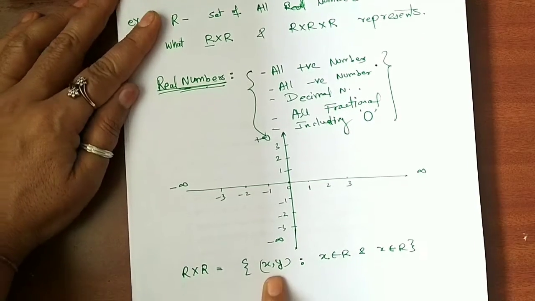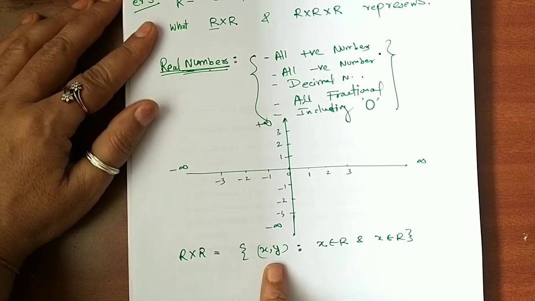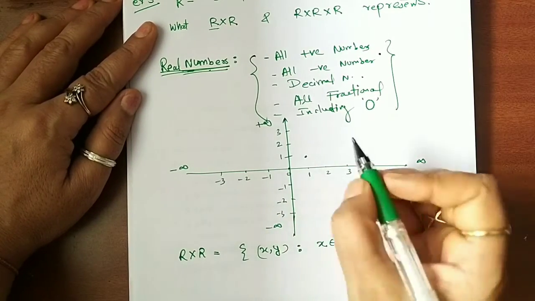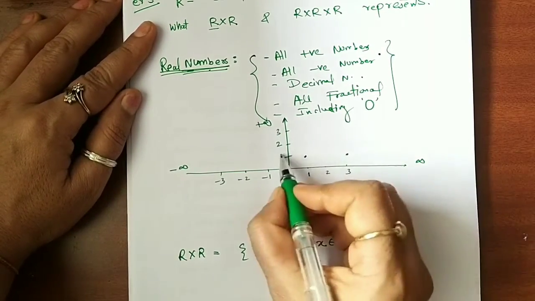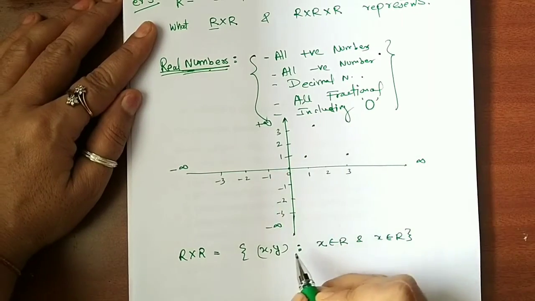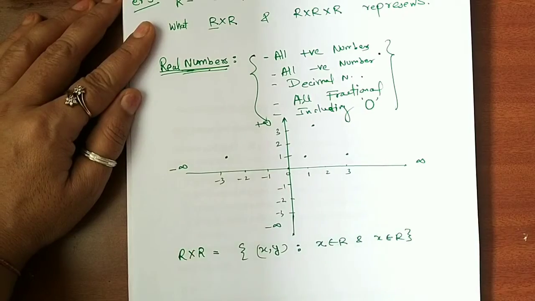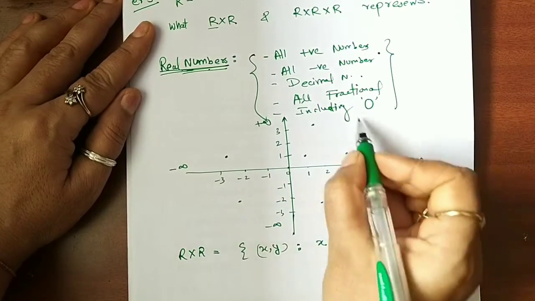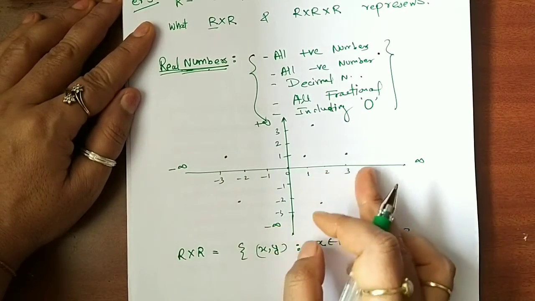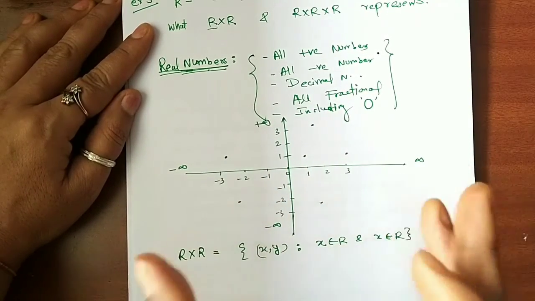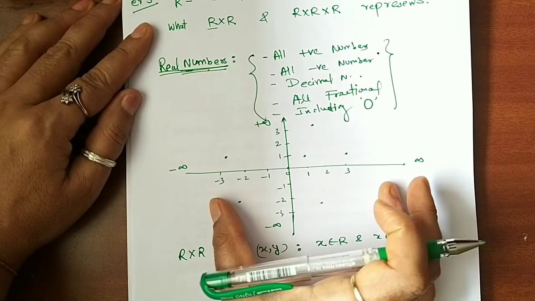So an ordered pair of real number with real number is nothing but maybe 1 comma 1, this point, maybe this point which is 3 comma 1, maybe here one point which is minus 2.8 comma 1, and so on. So don't you think that all possible ordered pairs will exist on this plane, right?